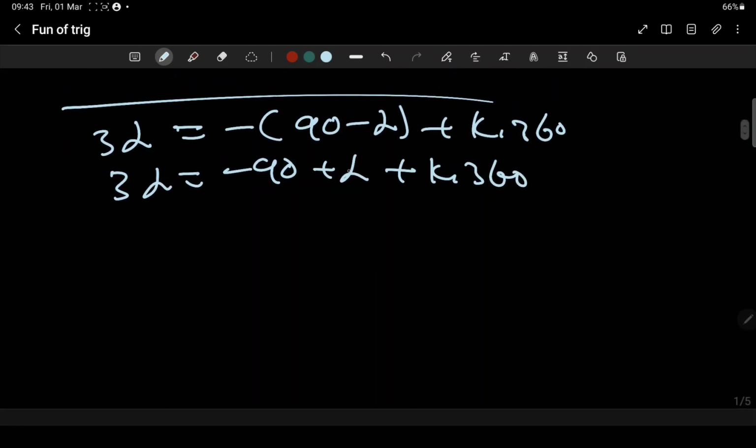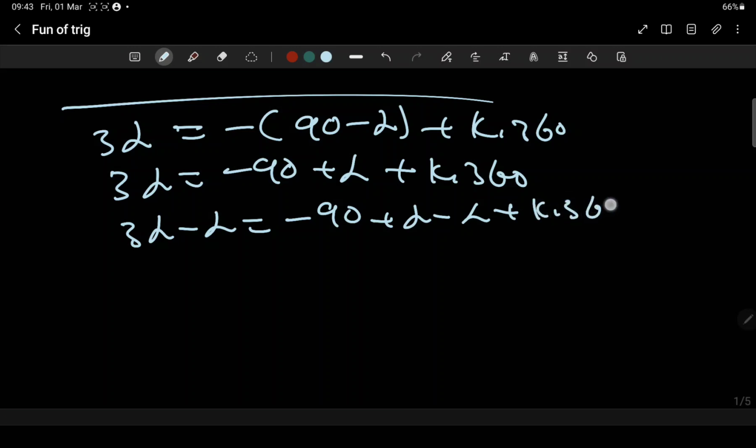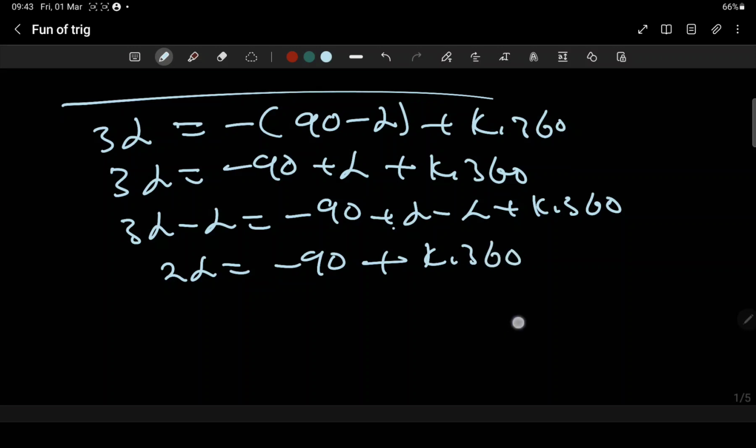Then alpha, we subtract from both sides. Then I have 3 alpha minus alpha equals minus 90 plus alpha minus alpha plus k 360. This is 2 alpha equals minus 90 plus k 360.